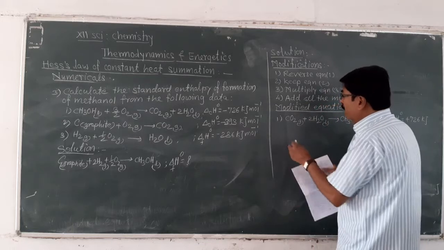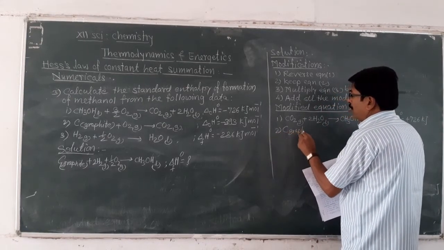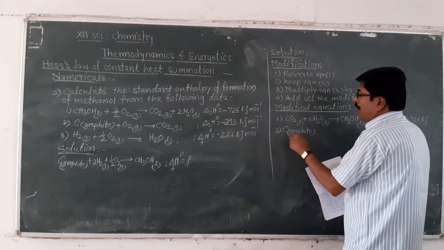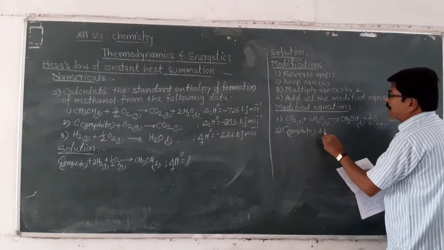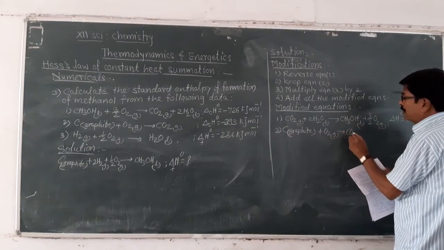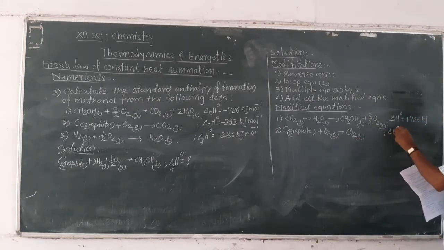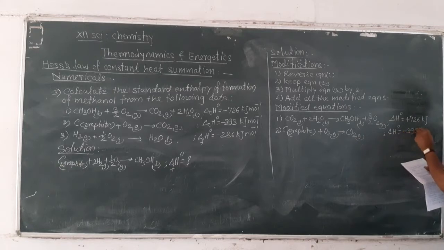That means carbon graphite plus O2 gas to give CO2 gas. And the enthalpy of this reaction is to be kept as it is. It is minus 393 kilojoule.